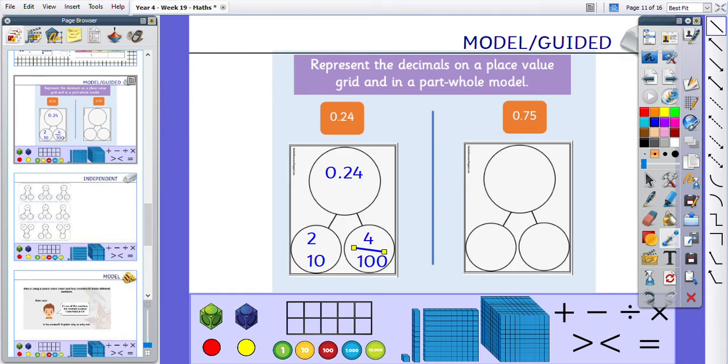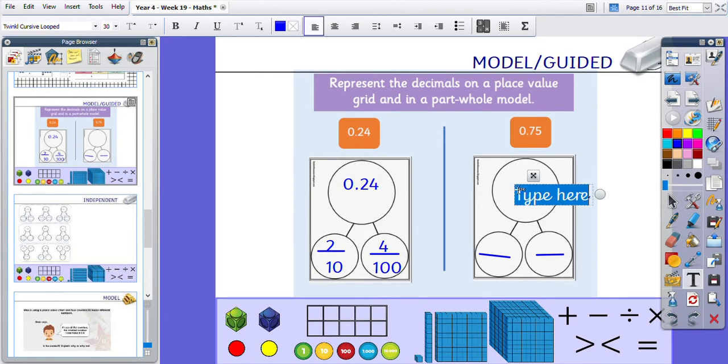So have a look at our second number. We've got 0.75. So you can pause the video and have a go independently. How do you think we could partition this number? Okay then. So we have 0.75 and we can partition that as being 7 tenths and 5 hundredths.